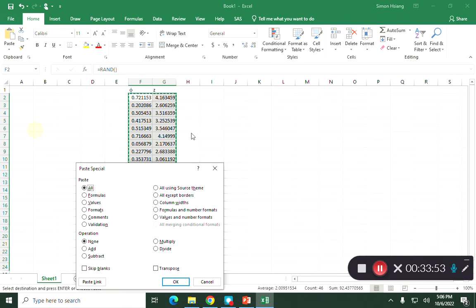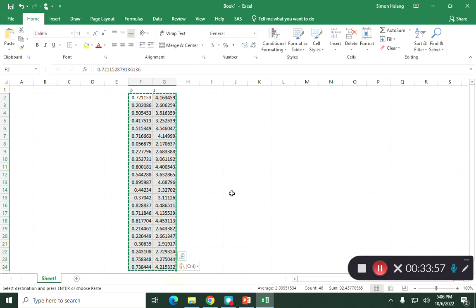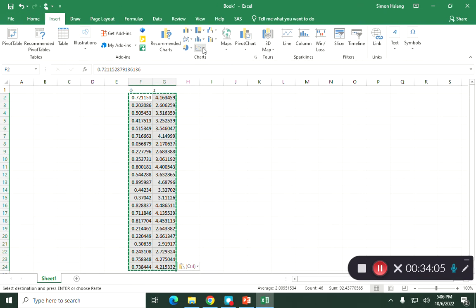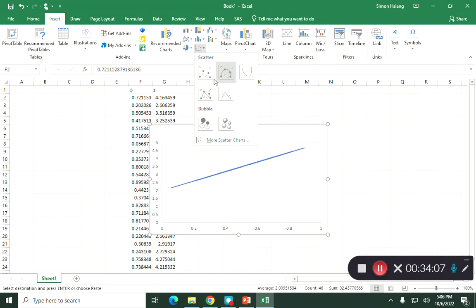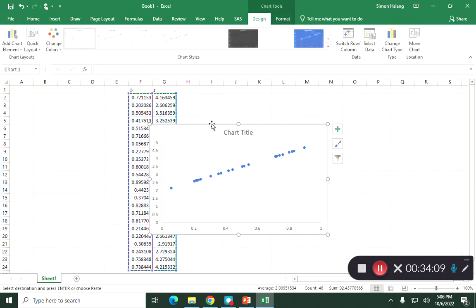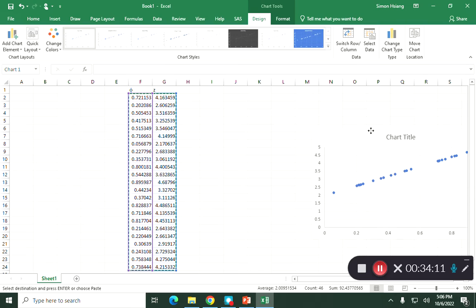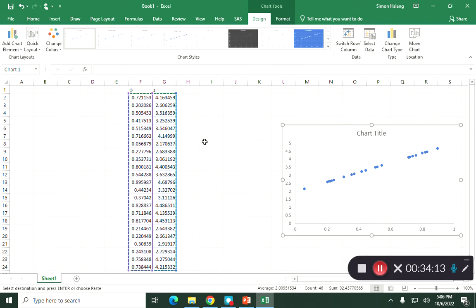Paste special, values. Okay? And let me show you what I did. I'm just saying that I have a perfect straight line. Agree?